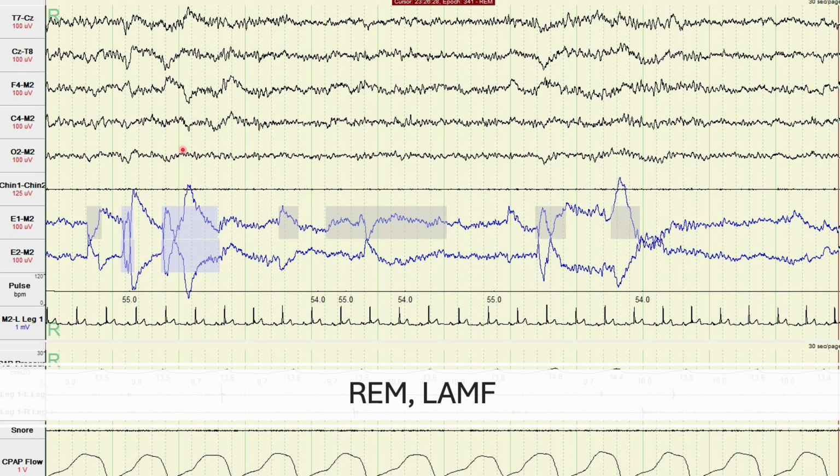The patient is totally still. So these are actually coming from the eye muscles. That's what is being picked up, especially in the Fs, because those are closer to the eyes. So this really would just be as flat as the O's would be, but because they're closer to the eyes, it picks up the electrical current that the eyes generate when they move.